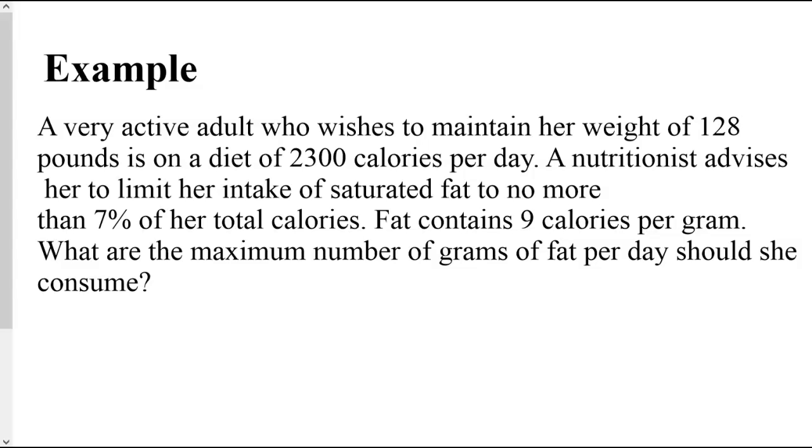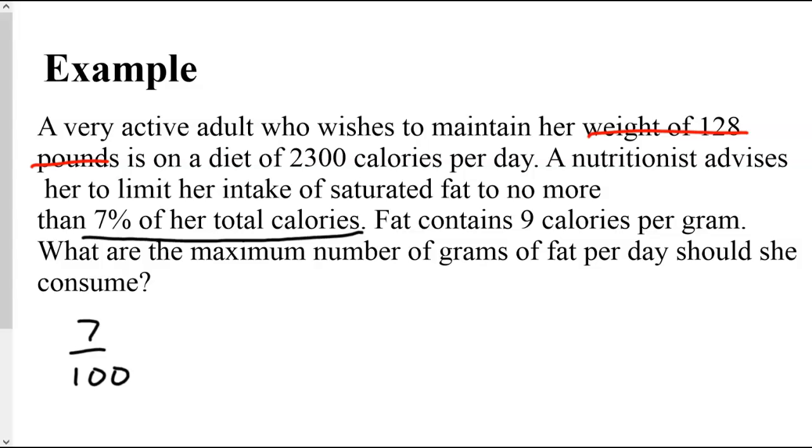So a few things that we know for facts. One of them is it doesn't matter what weight she's maintaining, because that's just a weight that she's going to have. We do know that the person can only get 7% of her total calories from fat. So we know then that 7 out of 100 of the calories can be fat.